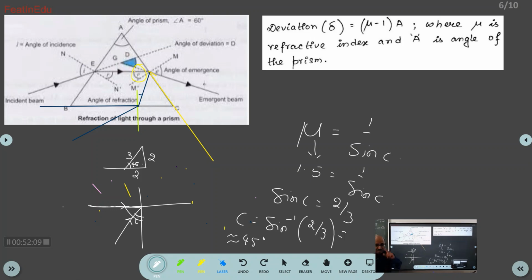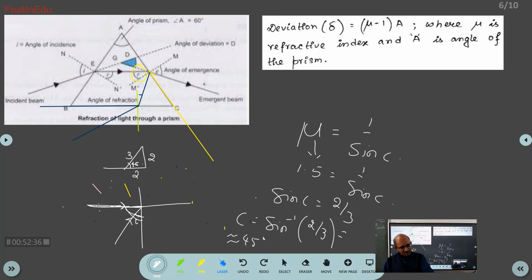Now watch out. It should travel from a denser medium towards a rarer medium. If you say the ray is traveling along the surface like this, indeed it is making an angle of 90 degrees here. But this ray is not traveling from denser medium towards rarer medium. It is traveling along the surface. Then critical angle is not defined for this condition.